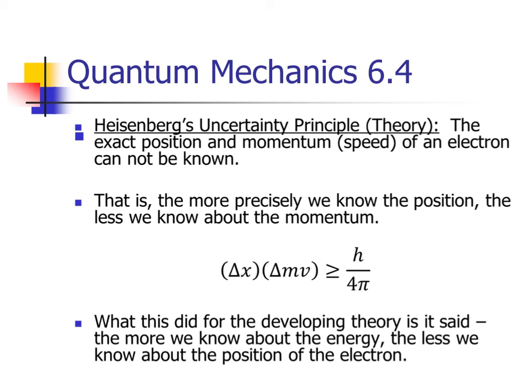Meaning the exact position and momentum, sometimes referred to as speed, because momentum is velocity times mass, of an electron cannot be known. The more you know about the position, the less you know about the momentum. The more you know about the momentum, or the more you know about the energy, the less you know about the position of the electron.